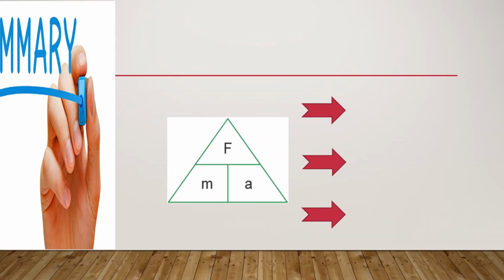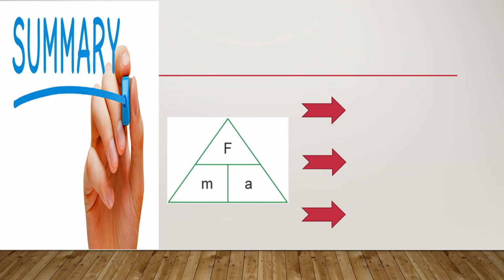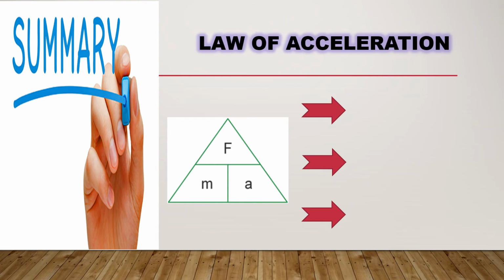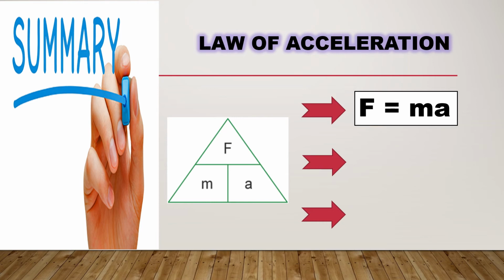So here's the summary of our discussion. If you're going to look for the formula of force, it is equal to m times a. You just need to cover or erase the F here.